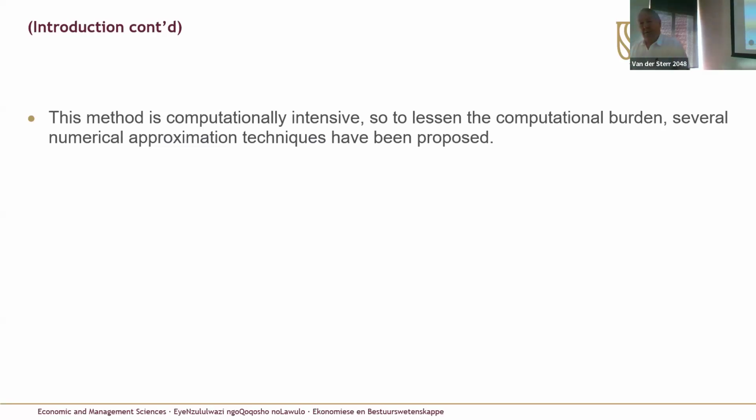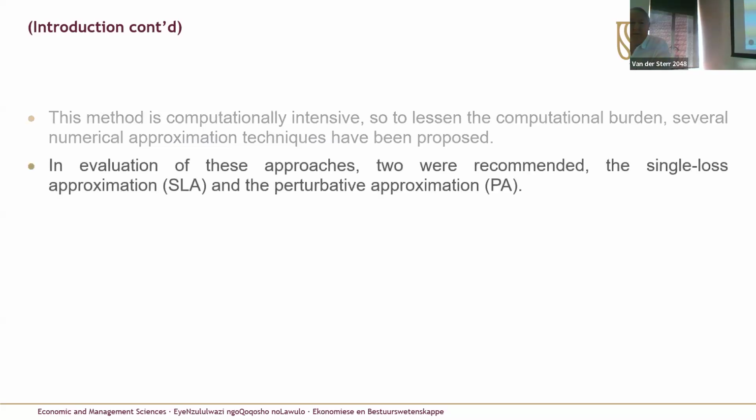So you just simulate, but it's very time consuming and computer intensive. So several approximations were suggested, and two of these are particularly interesting and particularly powerful. The one is called a single loss approximation that I'll say more about, and the other one, the perturbative approximation.